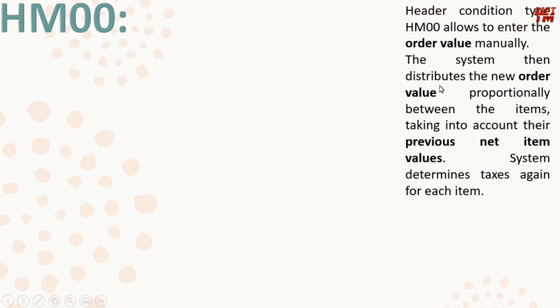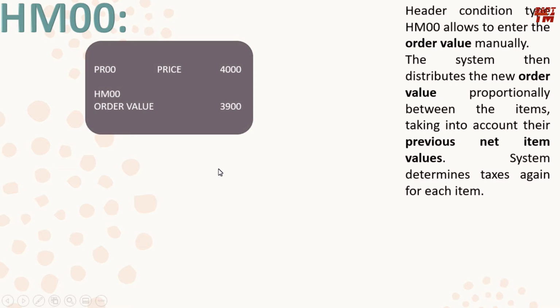The system then distributes the new order value proportionally between the items, taking into account their previous net item values. There must be some previous values associated with those items. Keeping those previous values in account, the new order value would be manually assigned and proportionally distributed between all those items. Let us see the simulation, how it is done.